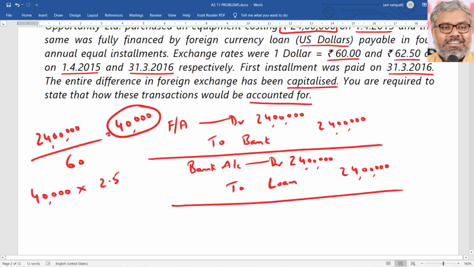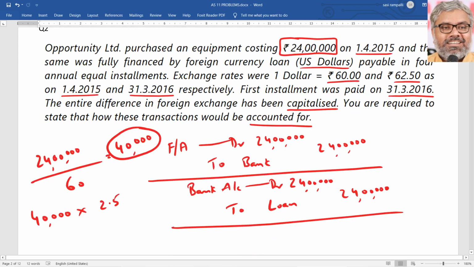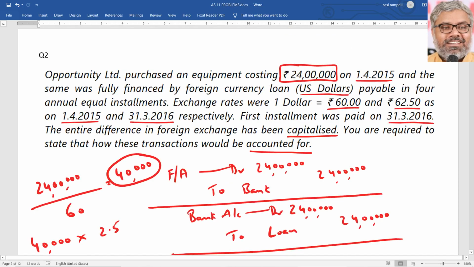because from 60 it has become 62.5. Why it is a loss for this particular company? Because it has a payable. Imagine if the same company had a receivable, then it would be gain. Gain or loss depends upon what is the situation of the company, and of course how the exchange rates are moving. So 60 rupees on 1st April 2015, on 31st March 2016 it became 62.5, means, for understanding purposes we can say the rupee has depreciated, dollar has appreciated.